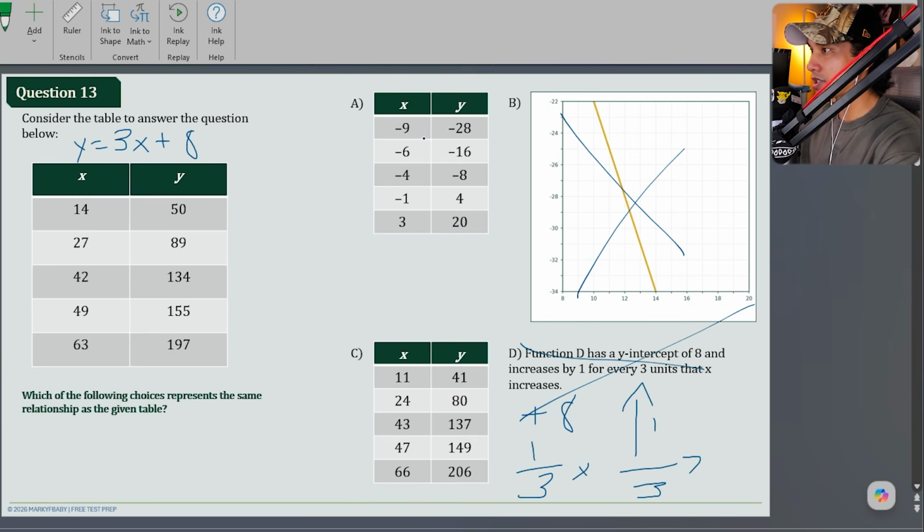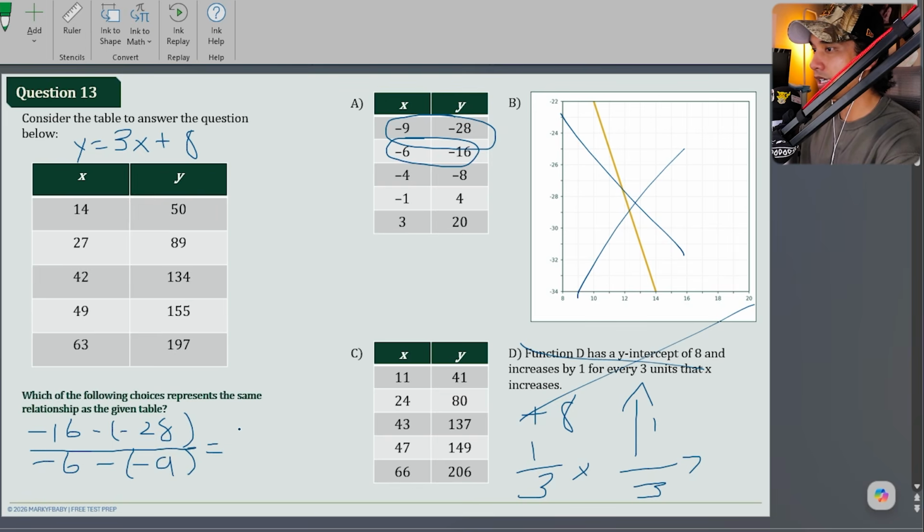So let's do the change of y over the change of x with these 2 ordered pairs, and I get -16 minus 28 over -6 minus -9. I just skipped writing the m equals. What is 28 minus 16?